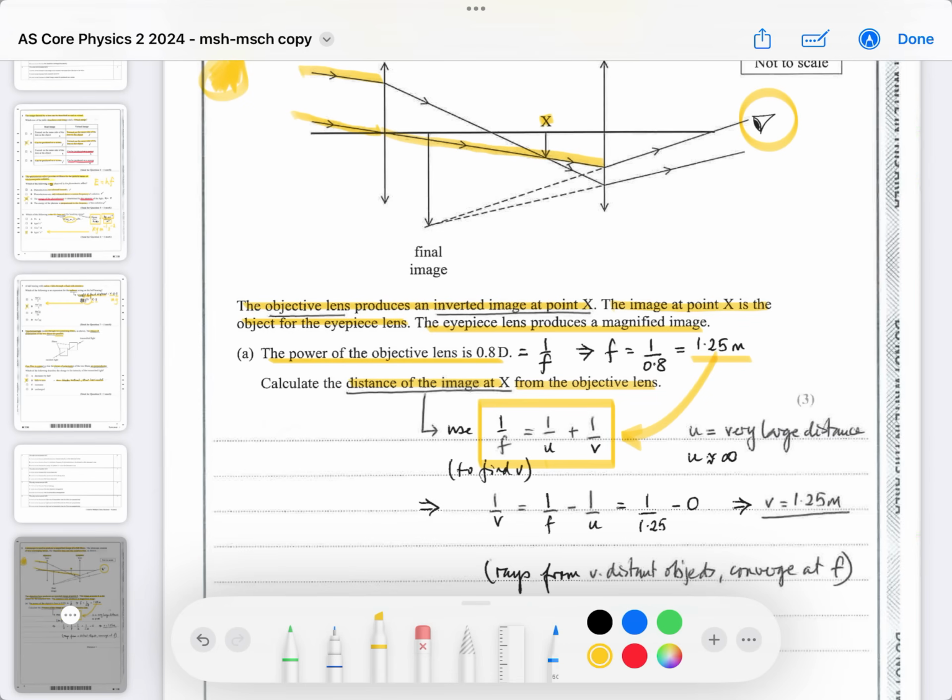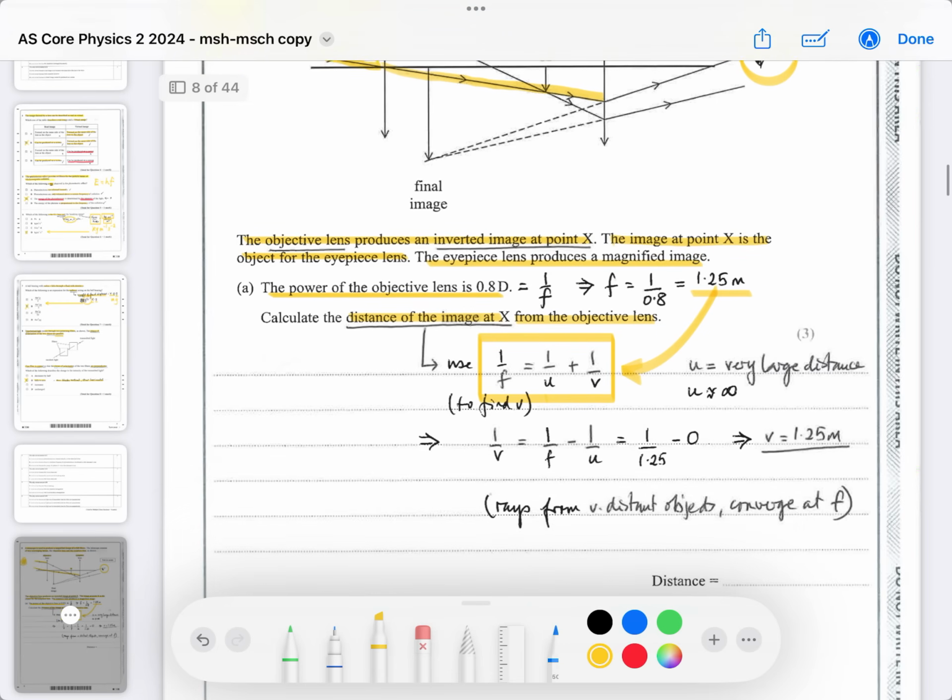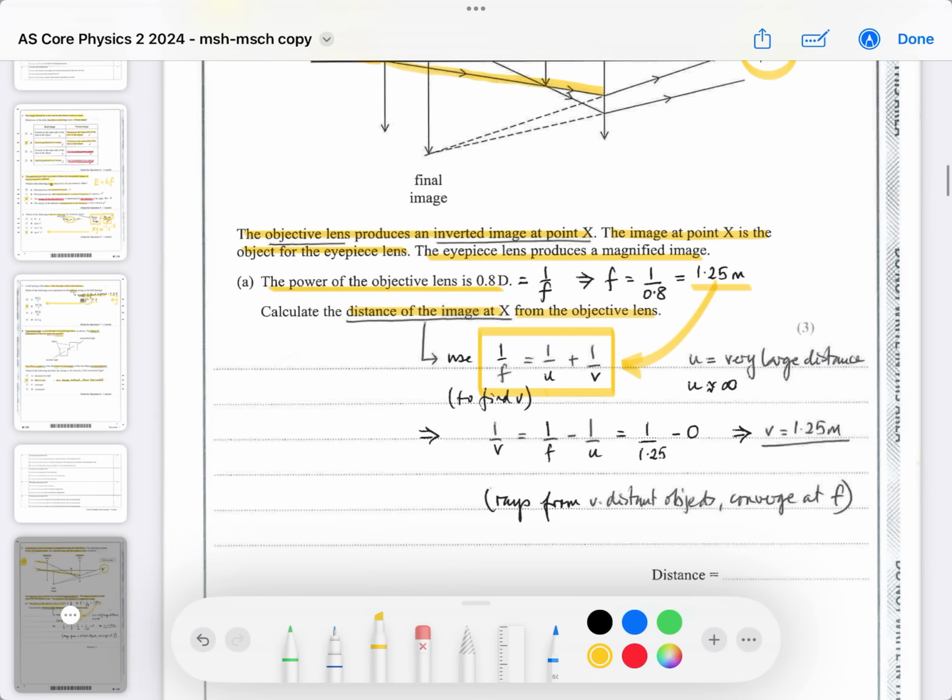So we know that 1 over u, because u is a distance to the moon, is a very large distance, so you can assume that 1 over u is 0, or very close to 0. So this tends to 0. 1 over f we know, so 1 over v will be equal to 1 over 1.25.